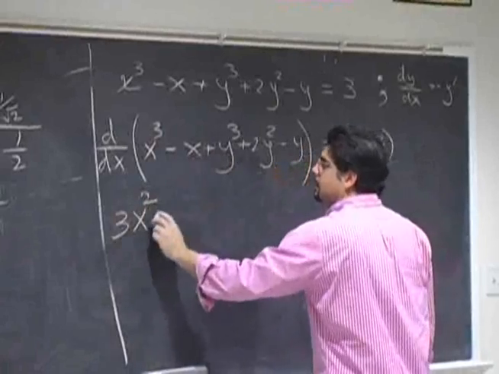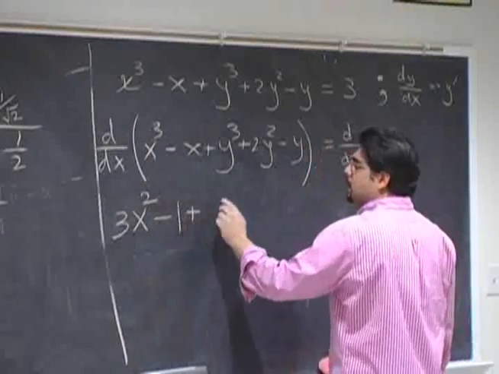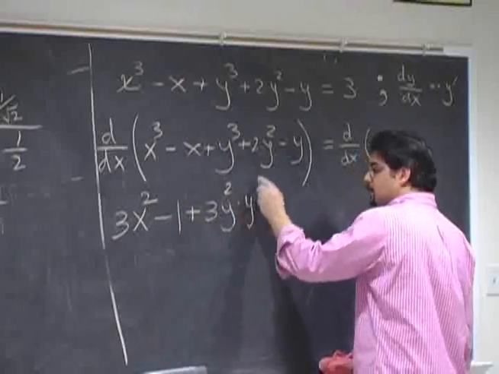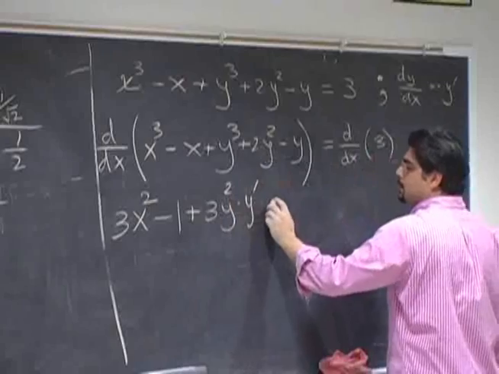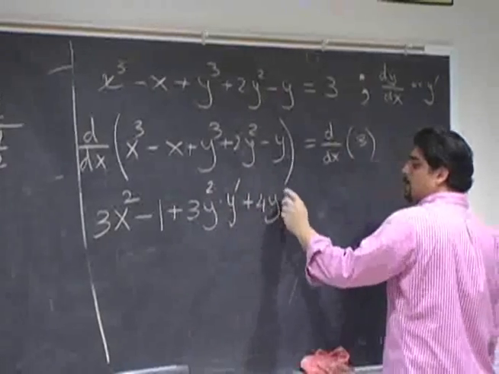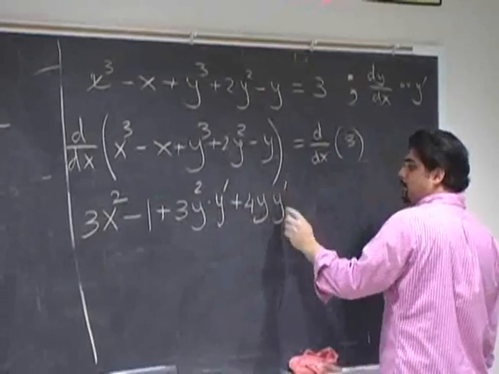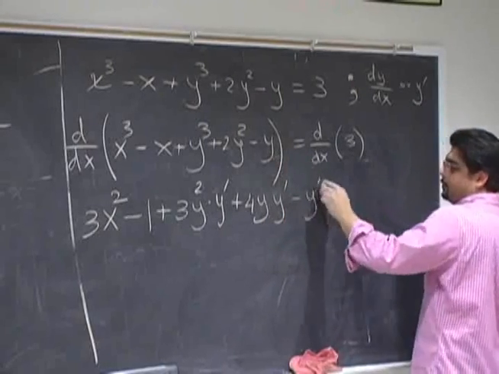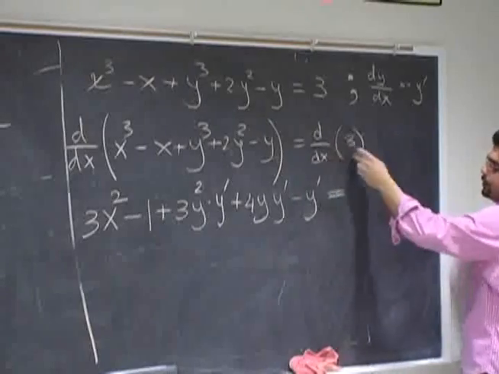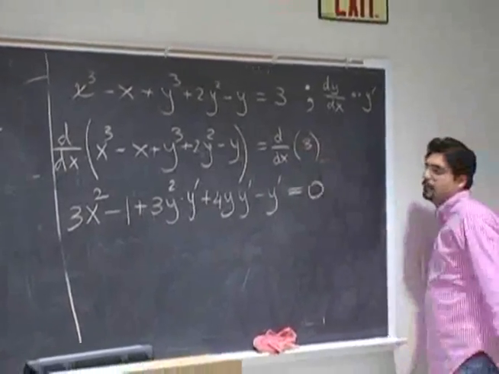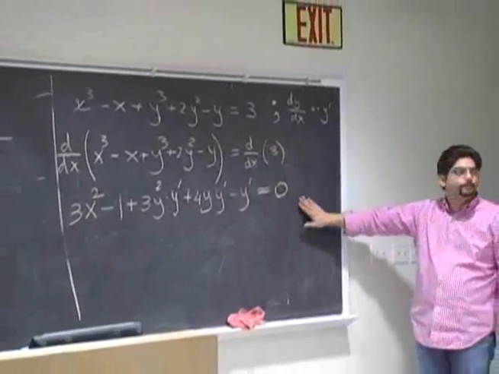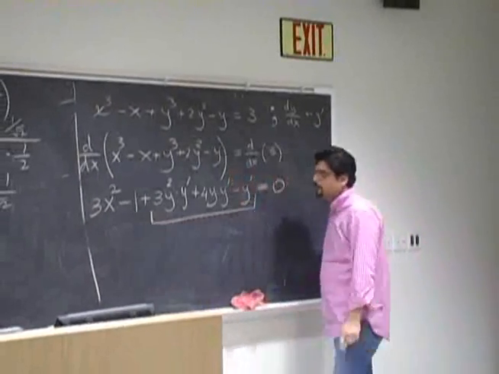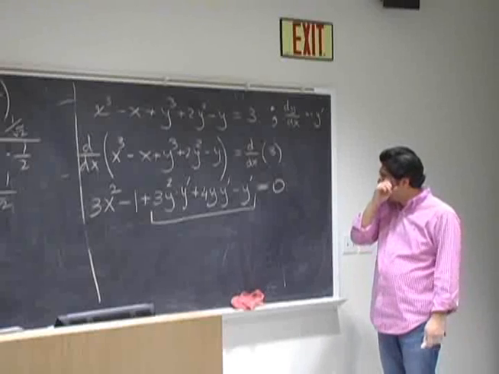3x squared minus 1. This is a function of x. So 3y squared y prime. This one is 4y y prime, minus the derivative of y, which is y prime. Equals the derivative of 3, which is 0. And what am I looking for? y prime. This is where y prime lives. So we can throw the rest on the other side.